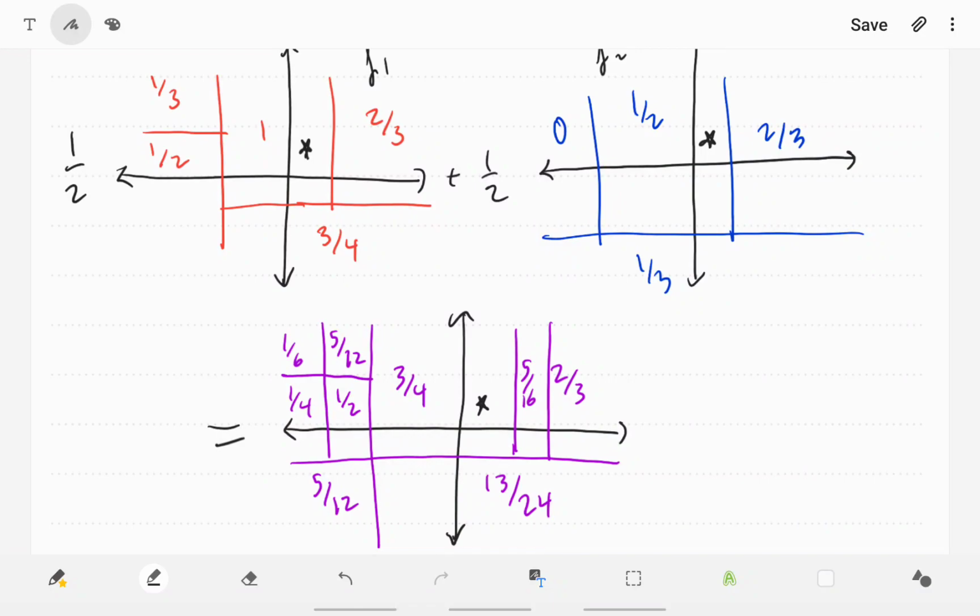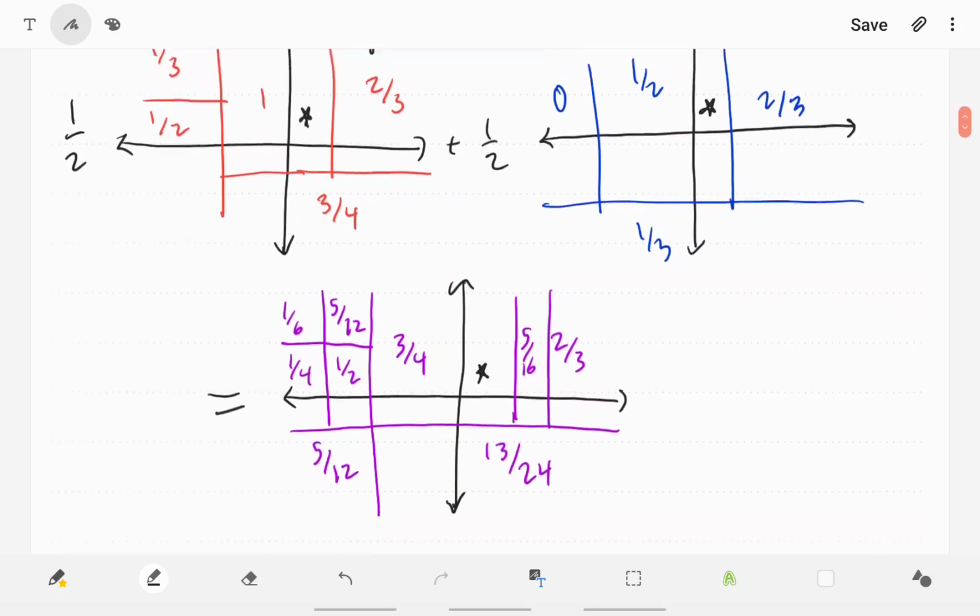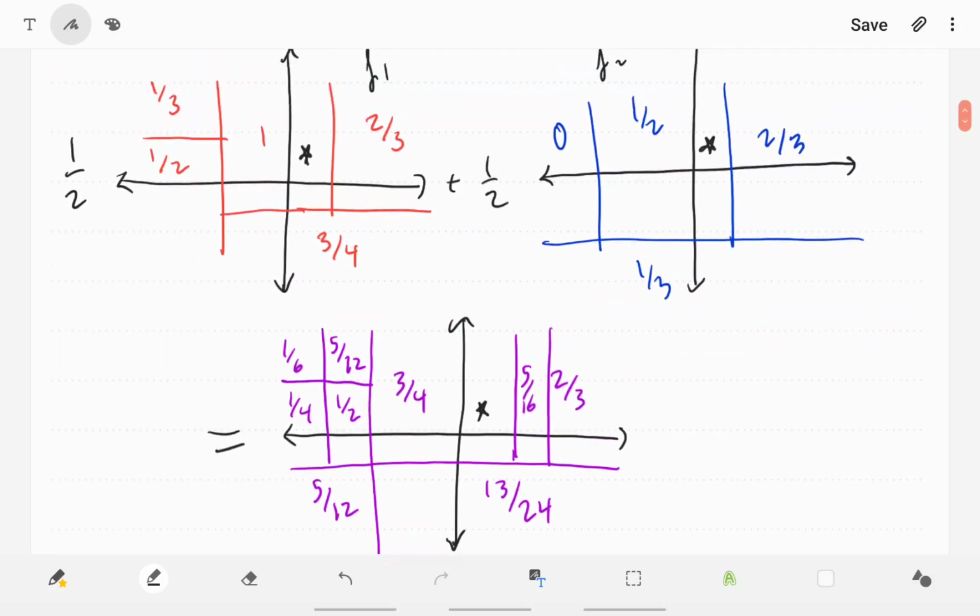Let's just verify that. And then here you have the average of 3/4 and 1/3, and so on. So this is the way in which we can average two different decision trees. And in practice, we would just evaluate the predict functions for each decision tree and then average in the end.